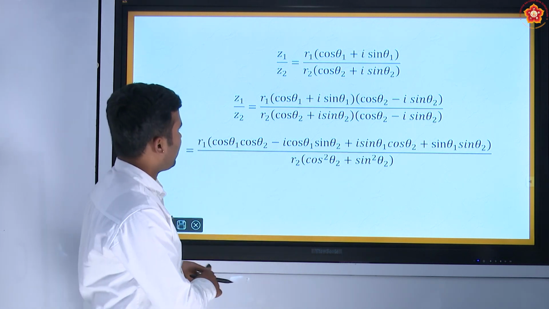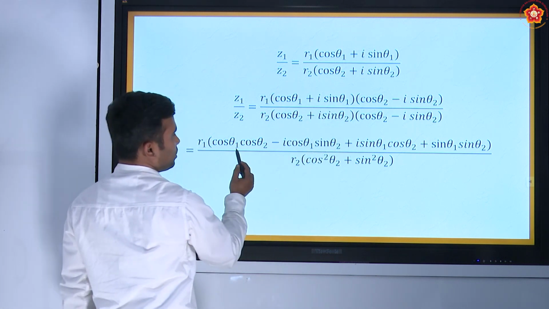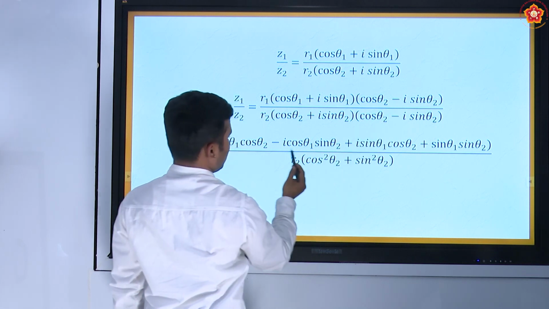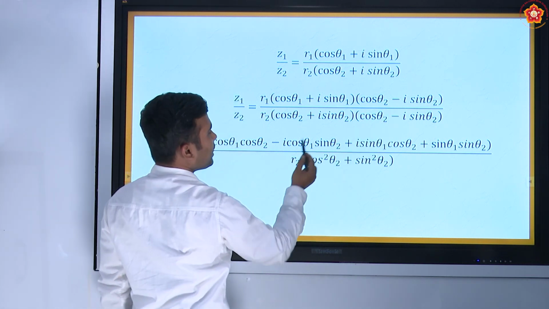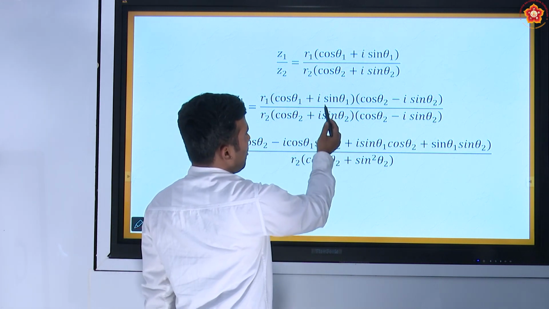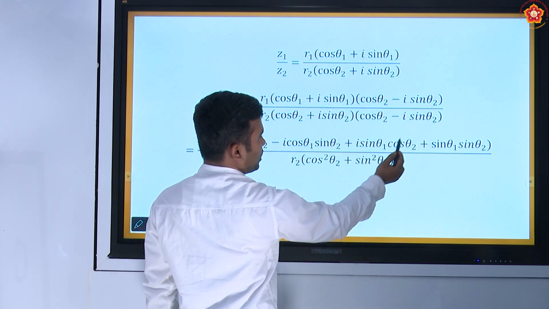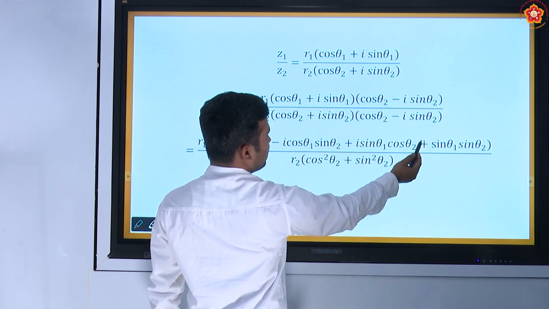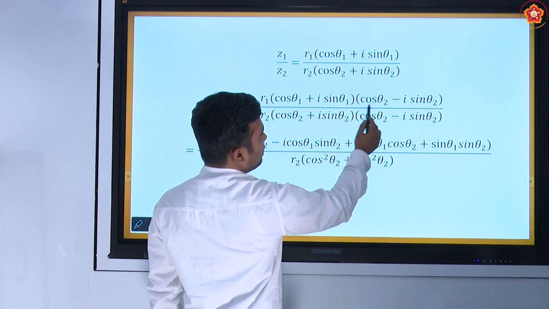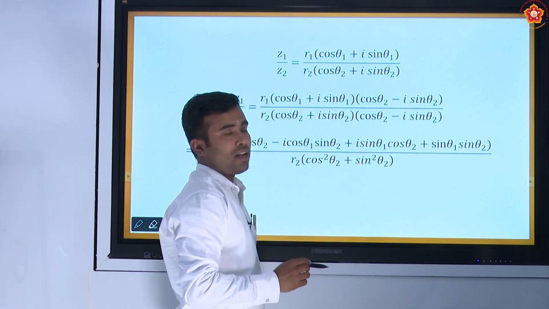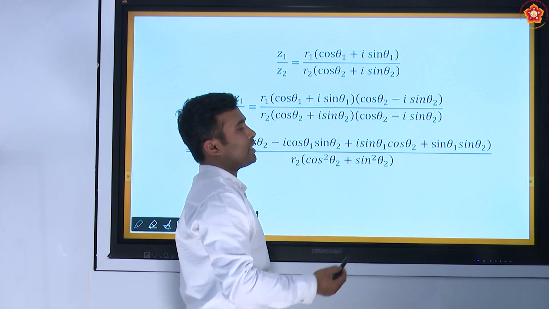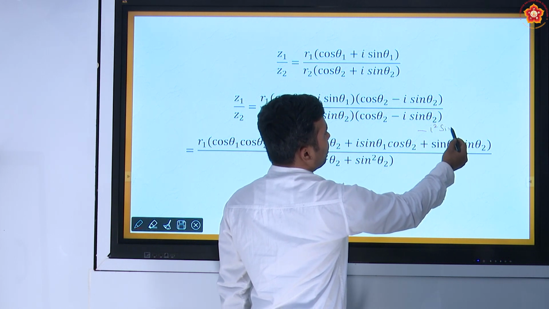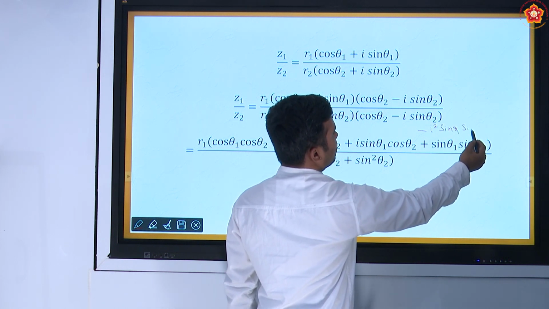So what we have is cos theta 1 into cos theta 2, then cos theta 1 into minus i sin theta 2 is minus i cos theta 1 into sin theta 2, plus i sin theta 1 into cos theta 2, and here plus into minus becomes minus. i sin theta 1 into i sin theta 2 is i square sin theta 1 into sin theta 2. This is minus i square sin theta 1 into sin theta 2.